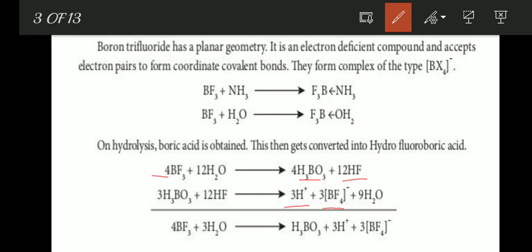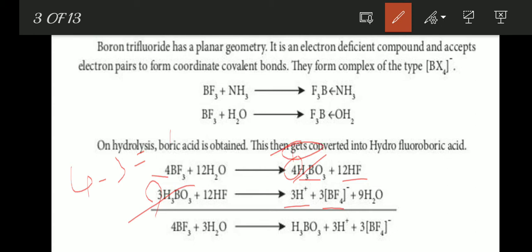Okay, so listen. 4 molecules of H3BO3 as boric acid, and 3 molecules of H3BO3 are used, so 4 minus 3, 1 boric acid remains.